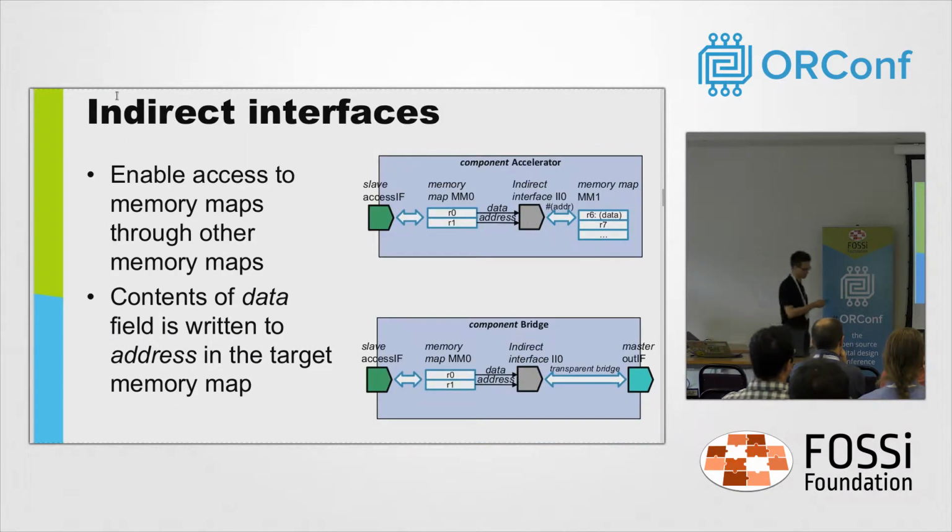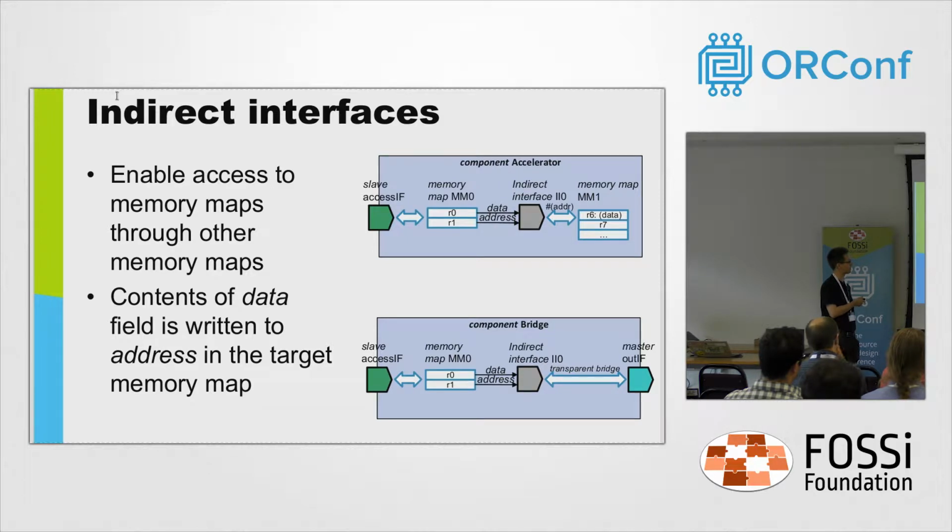Next up, within a component, sometimes you have memory maps you don't want to be directly accessed from the bus interfaces. So the new standard introduced a concept called indirect interfaces, where the target memory map is accessed through another memory map.